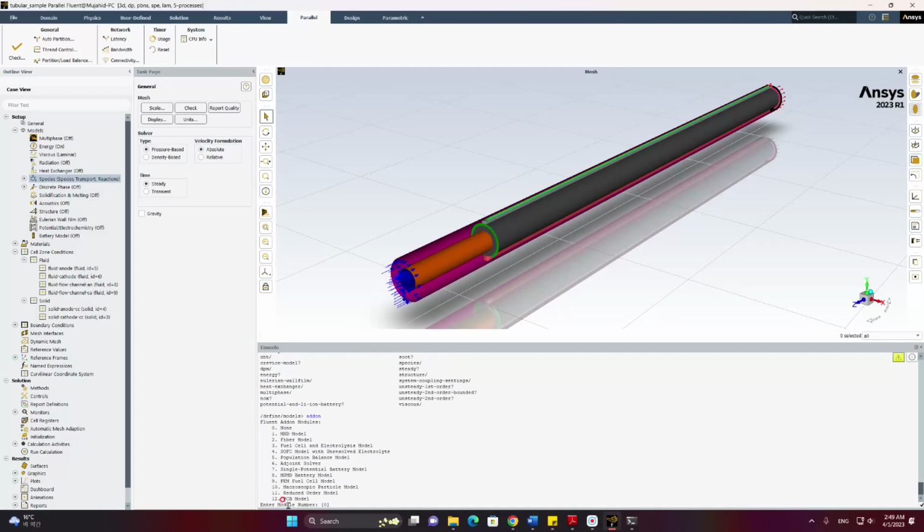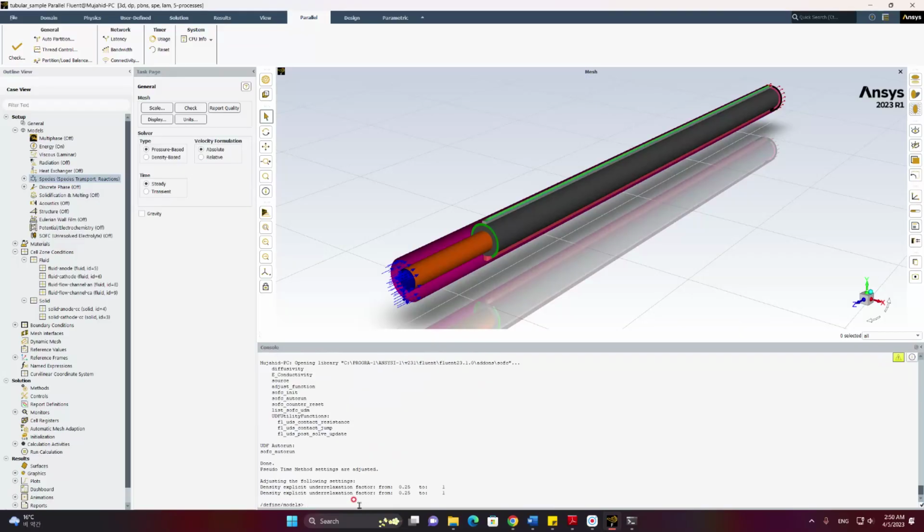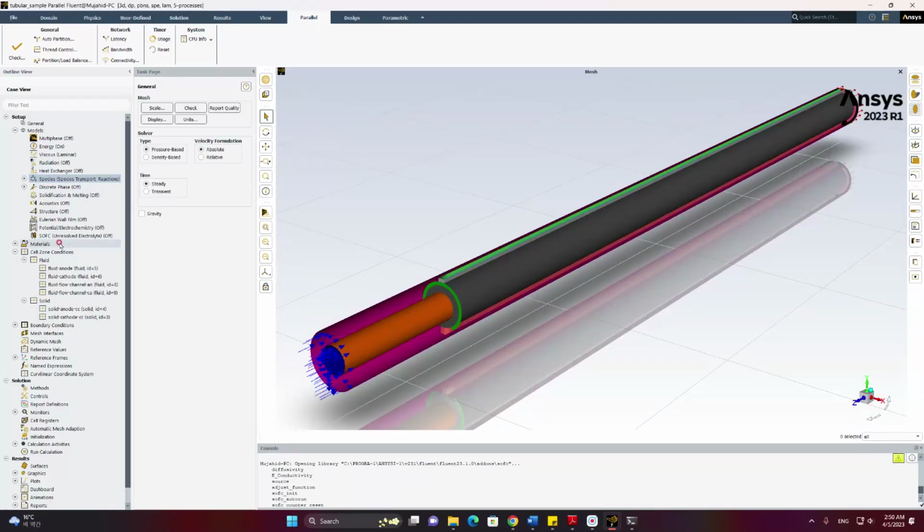Now it gives a list of add-on modules that are available in the Fluent directory. Currently we will be following the SOFC model with unresolved electrolyte. So hit the number 4, enter, and now it will initialize the SOFC module. Now you can see the SOFC module is available to us, so we can start it.